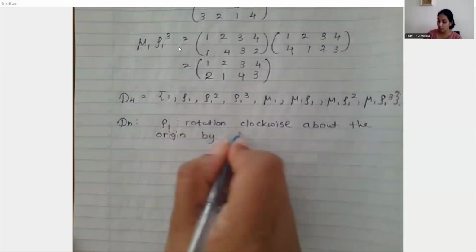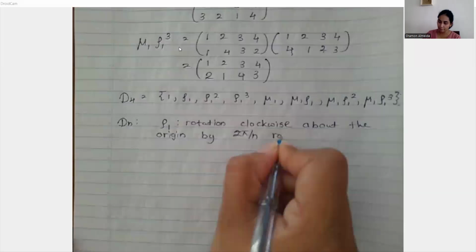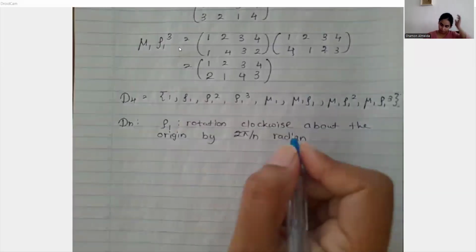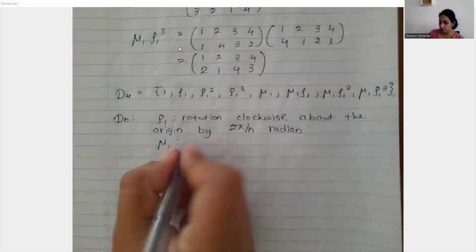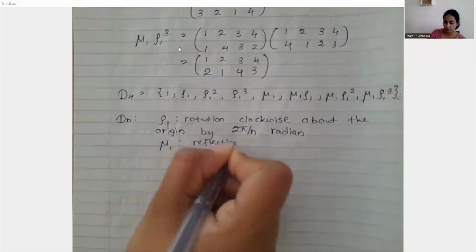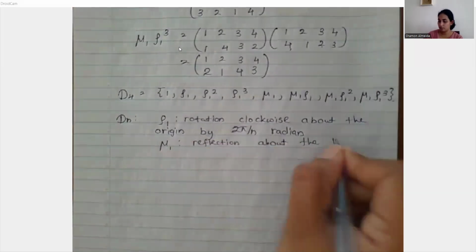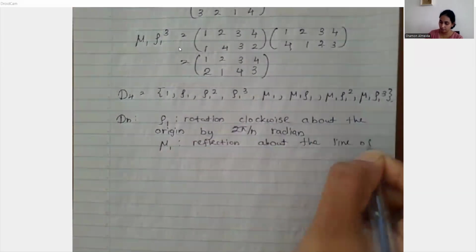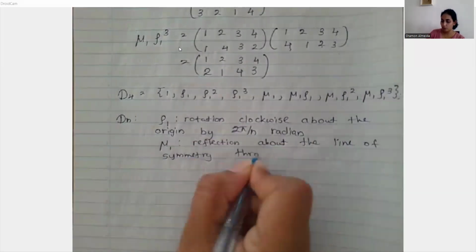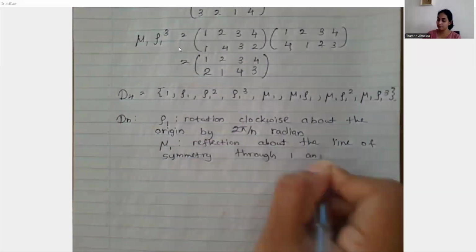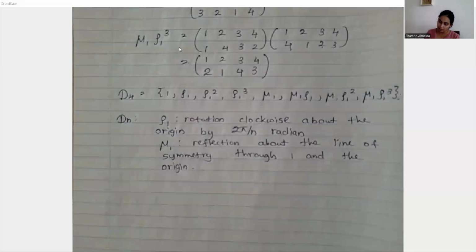Then we take mu1 to be the reflection about the line of symmetry through 1 and the origin. Right?